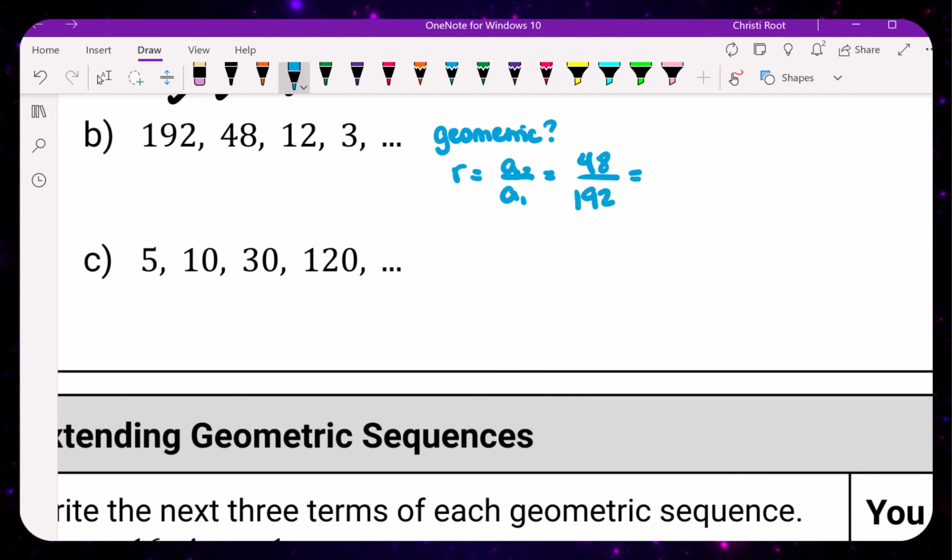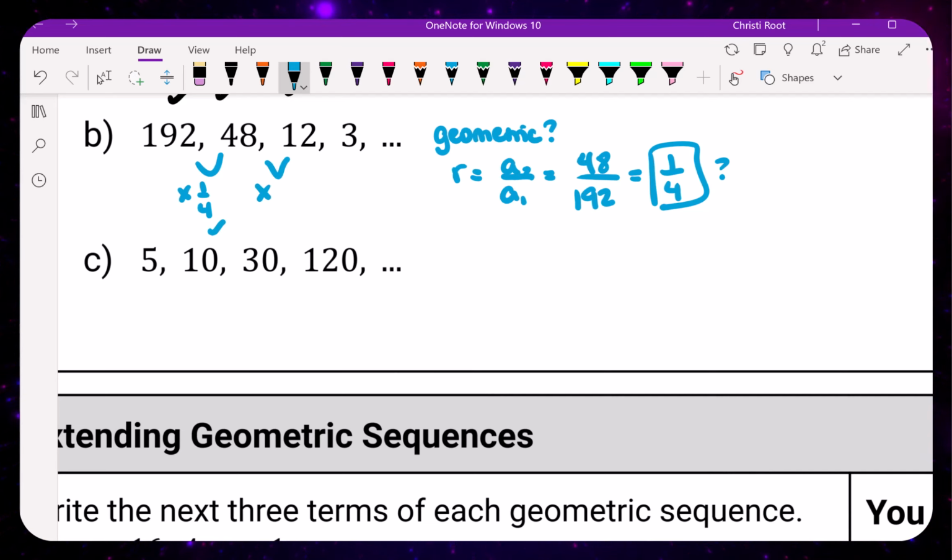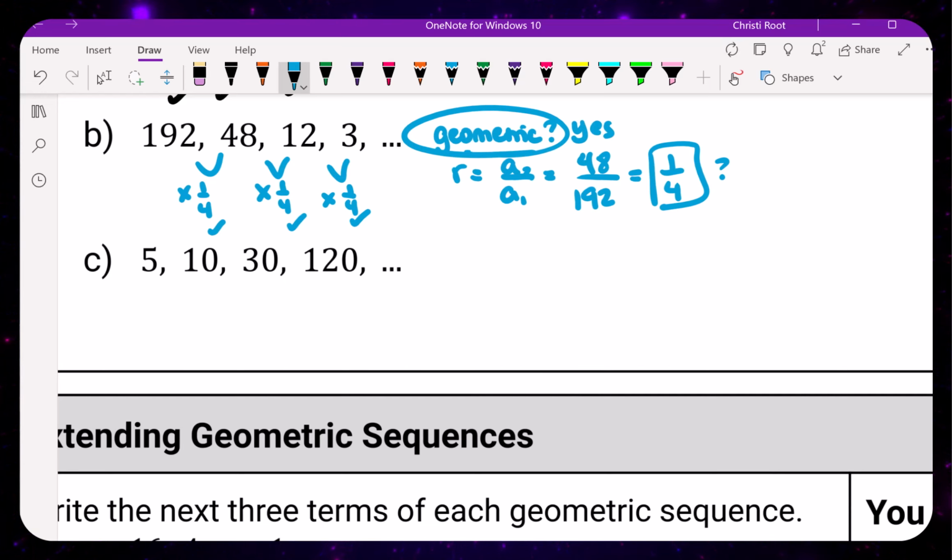So if you simplify this using your calculator or your head, you wind up with 1/4. Am I multiplying by 1/4? I am the first two for sure. 48 times 1/4 is 12. 12 times 1/4 is 3. So yes, this is geometric. Final answer for part B.